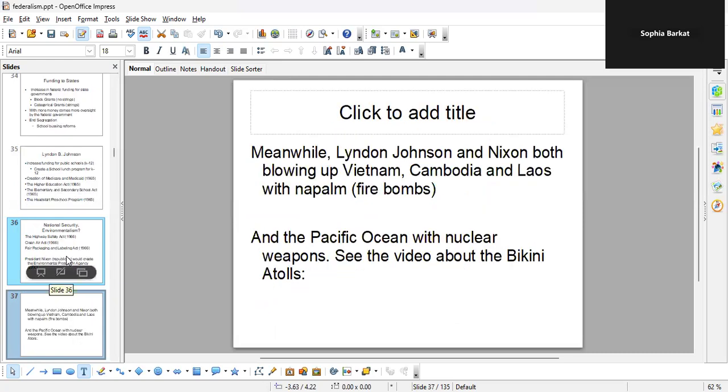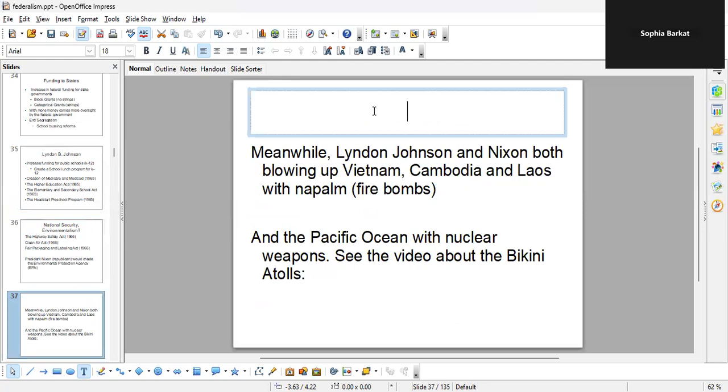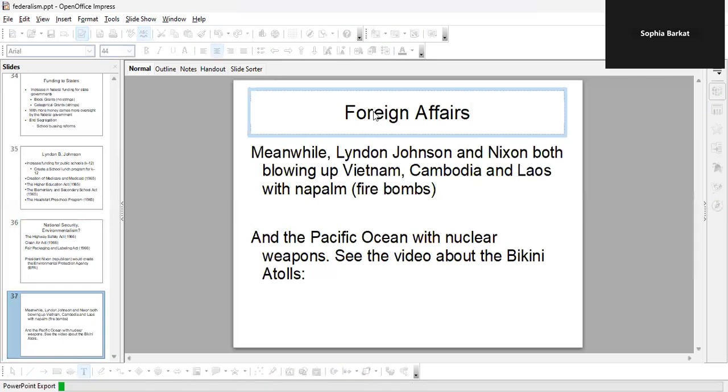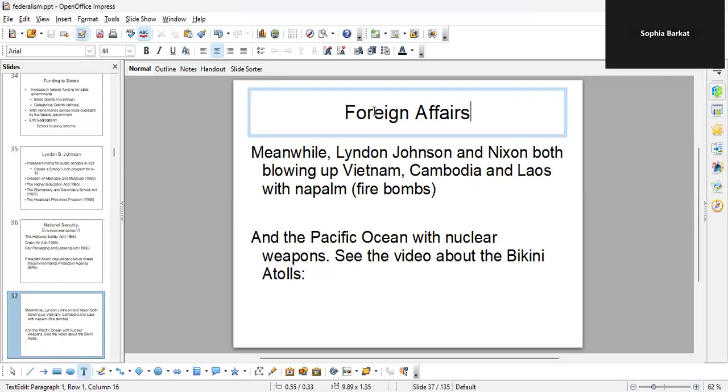So while this is happening, foreign affairs wise, these characters end up getting a lot of bad publicity. Both are involved in sending troops to Vietnam. Nixon wants to reduce troops, so he ends up bombing Cambodia and Laos and Vietnam with napalm. It becomes a very bad situation. They're dropping bombs on civilians in villages and cities.